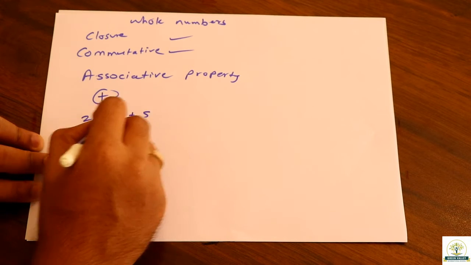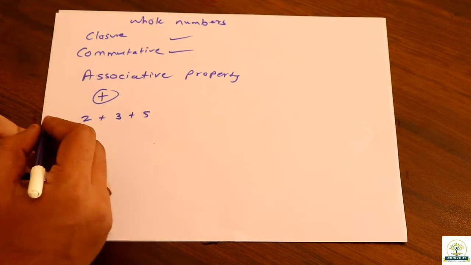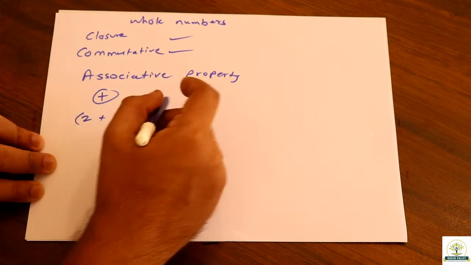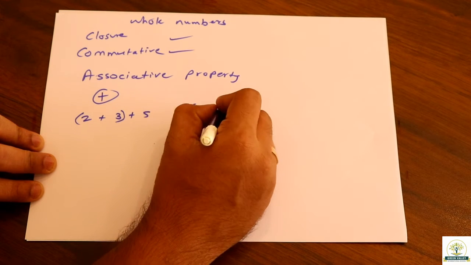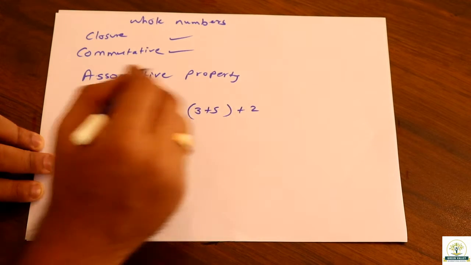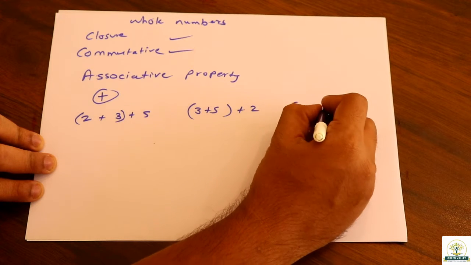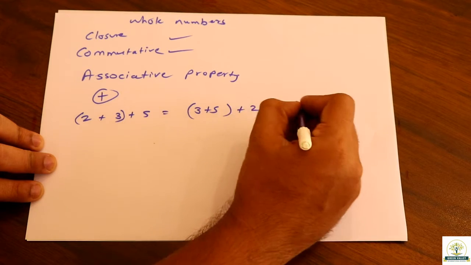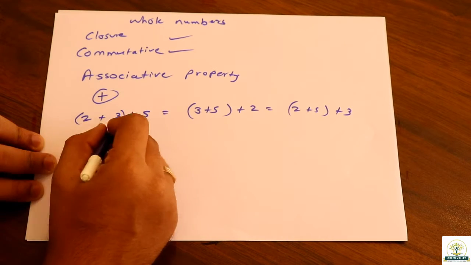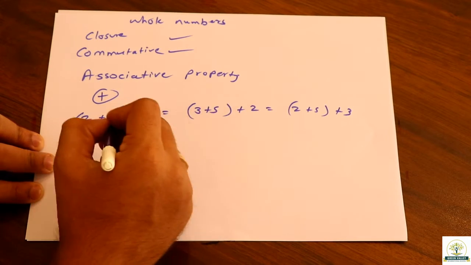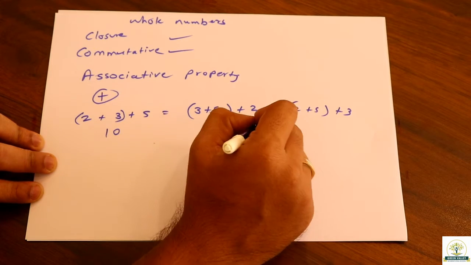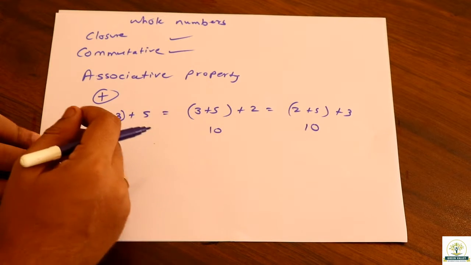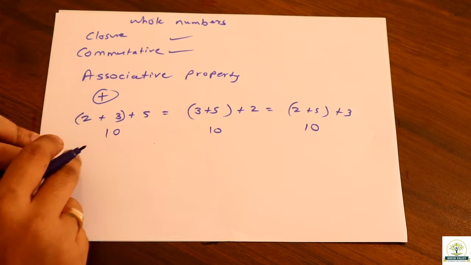No matter in which order I add them, suppose I add 2 and 3 first and then add 5 to the answer, or I add 3 and 5 first and then add 2, or I add 2 and 5 and then add 3, the answer will be the same for all the cases. 2 plus 3 is 5, 5 plus 5 is 10. 5 plus 3 is 8, 8 plus 2 is 10. 5 plus 2 is 7, 7 plus 3 is 10. So for all these different groupings, the answers are the same.